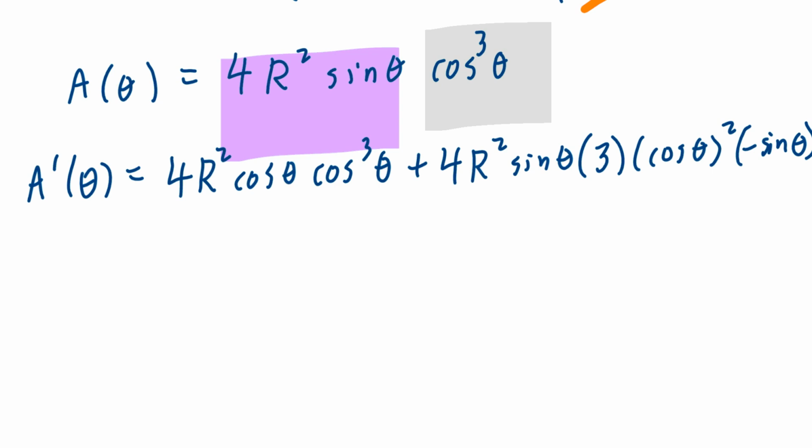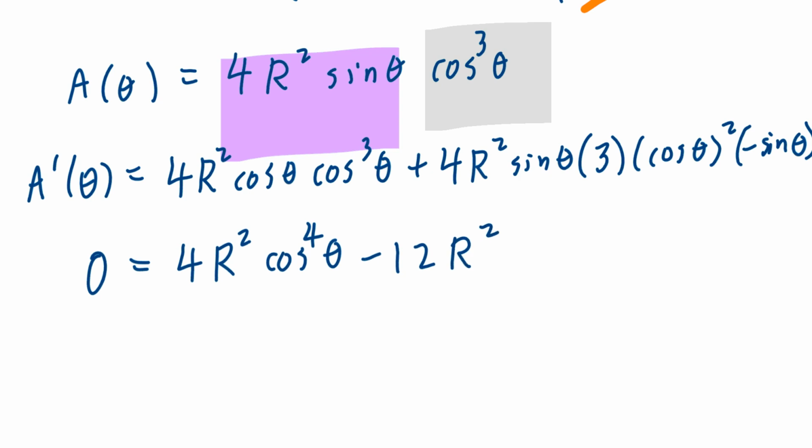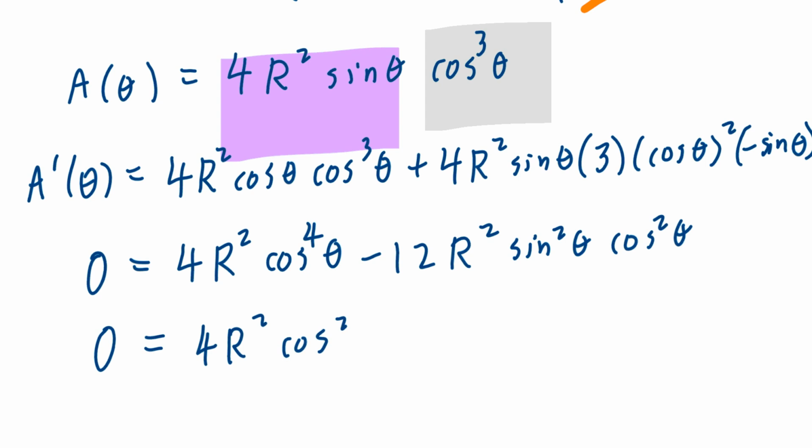I'm now ready to set this to 0 and solve for theta. First, I'm going to collect like terms. 4r squared times cosine theta to the power of 4 minus 4 times 3 is going to be 12 r squared times sine squared theta times cos squared theta. 0 equals, I take a common factor of 4r squared times cosine squared theta to the front.